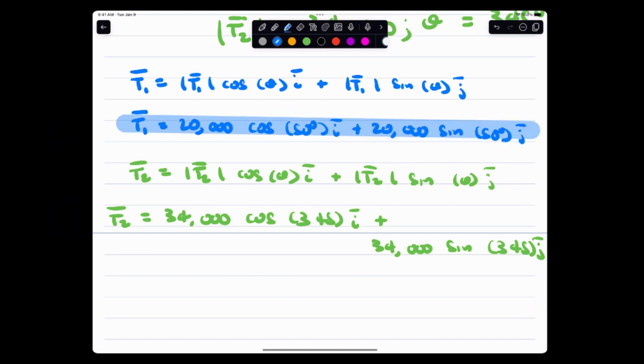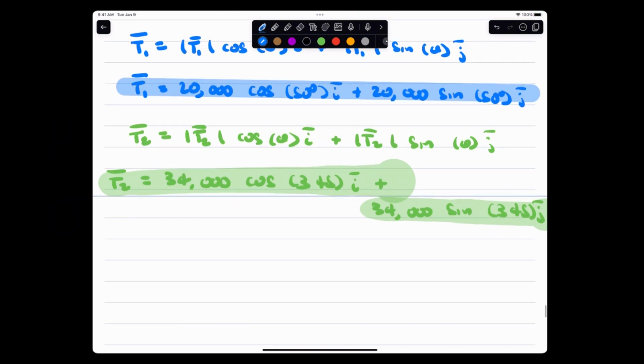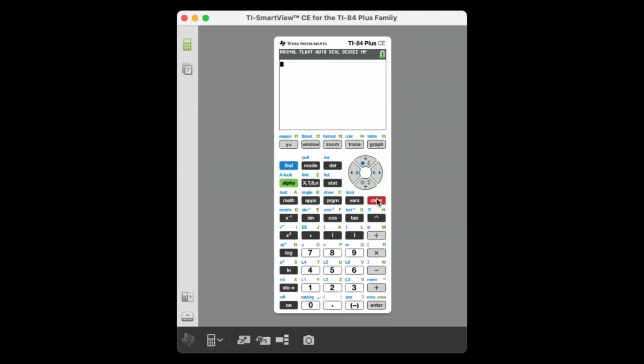We need this T1 vector and we need the T2 vector, okay? There it is, ladies and gentlemen. Let's get the T1 vector and the T2 vector. Okay, so in our TI, let's get rid of the other information and say we have 20,000 cosine 50.